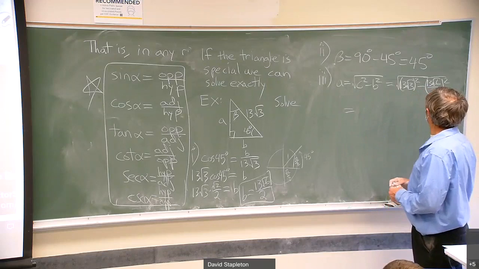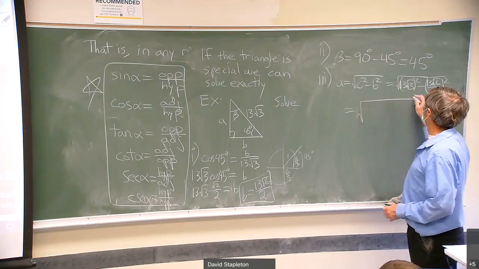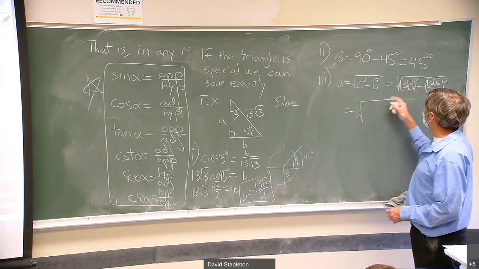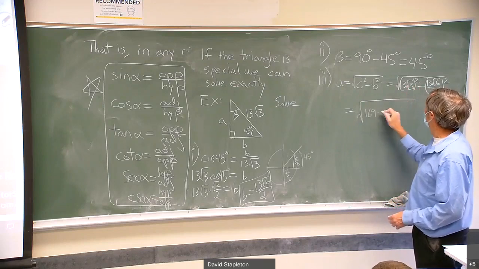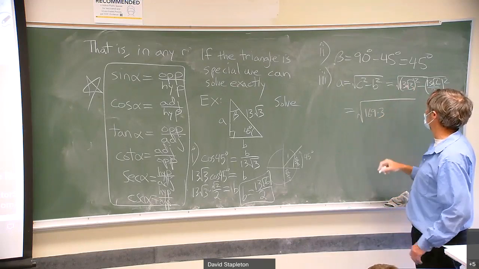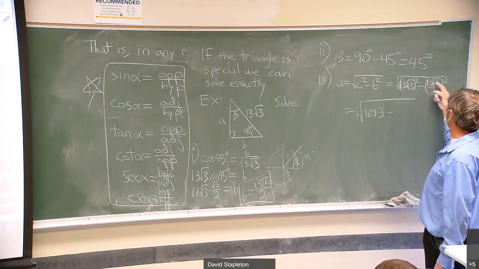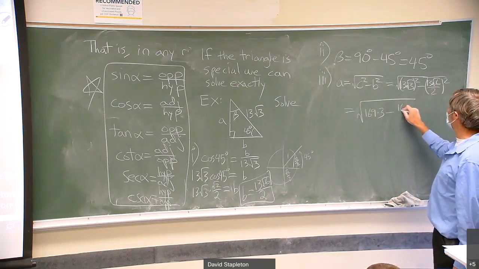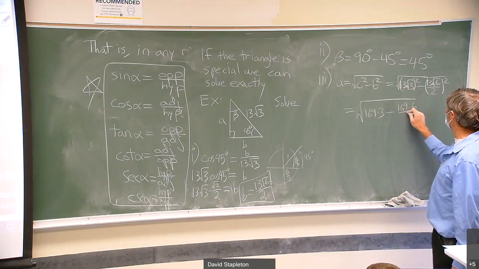All right. So now this is the square root, 13 square root 3 squared is 13 squared, 169, times square root 3 squared, which is 3, minus, well, let's see, this is 169 times 6 over 4.